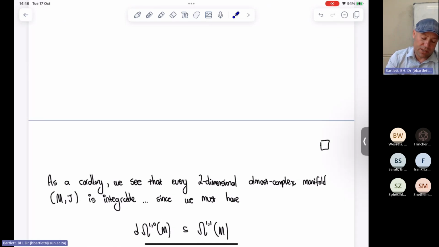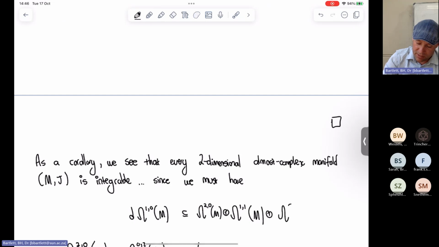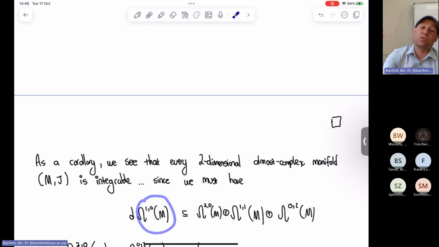When I take a 1,0 form on a 2-dimensional real manifold and I calculate its d, in principle I know I'm going to get out a 2,0 form, plus a 1,1 form, plus a 0,2 form. The reason is because this guy is a 1-form, so when I calculate its d, I'm going to get a 2-form.